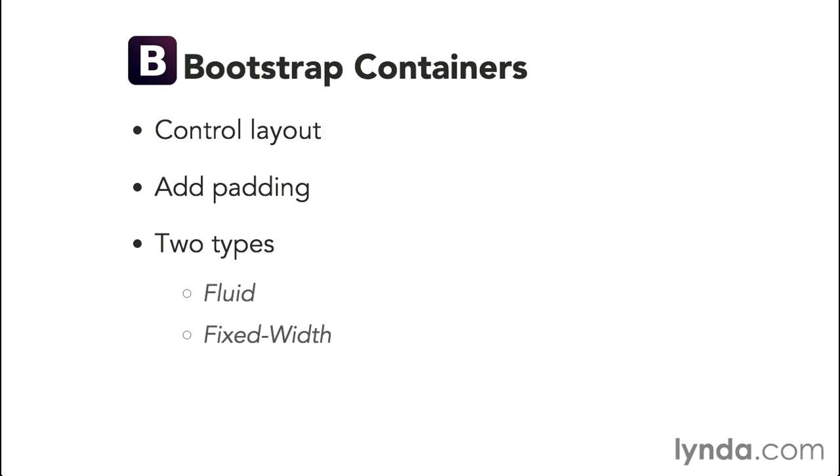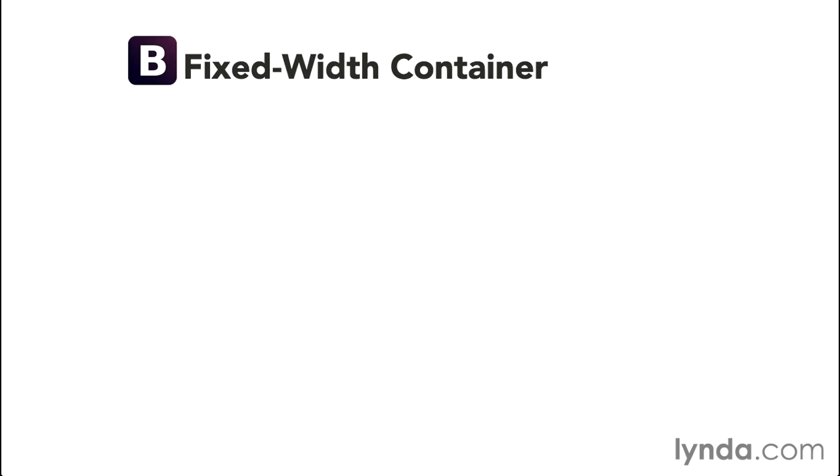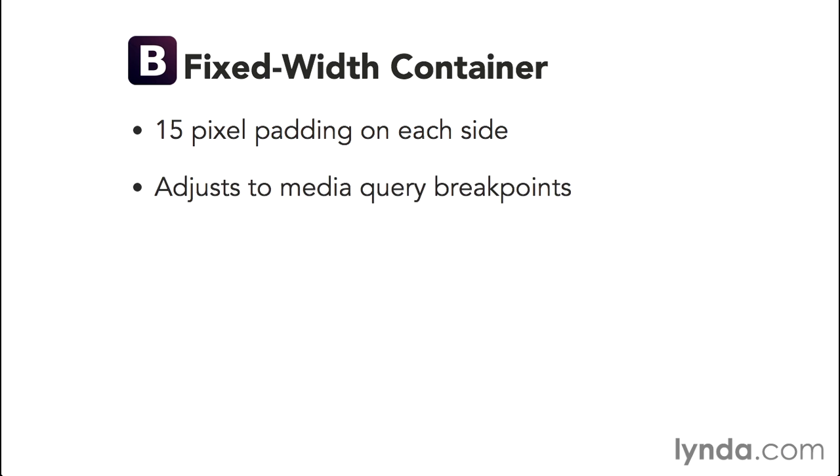Now, a fixed width container is a little bit different. This is a container that will show a specific size depending on the size of the viewport. So let's take a look at what happens on a fixed width container. A fixed width container will also get 15 pixels on each side, but it also adjusts to different media query breakpoints.